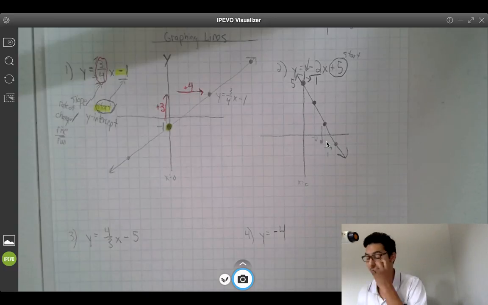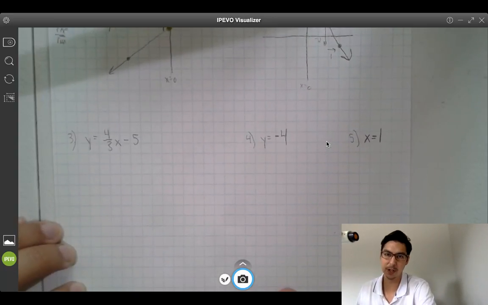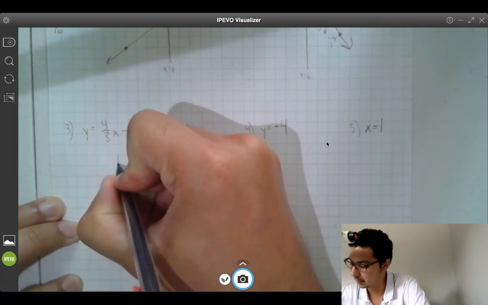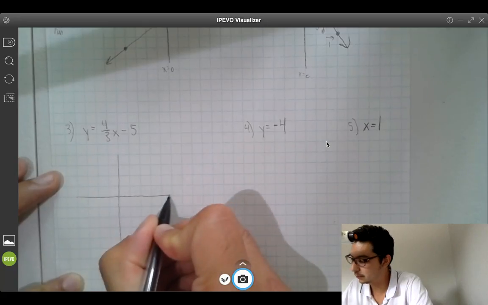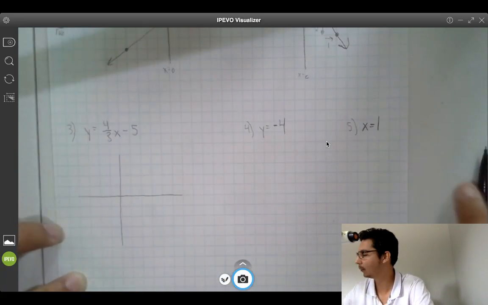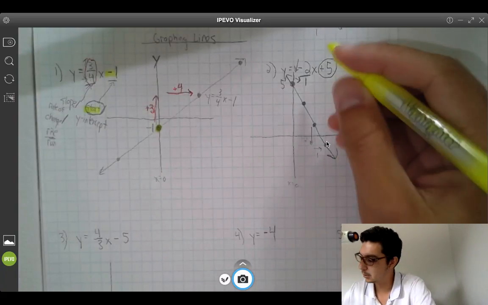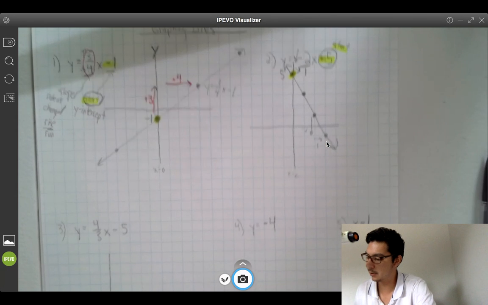Okay, the third one here. And again, feel free to pause if you need to see an answer. That's the benefit of this being a video versus live time. Make the graph. So this one starts at -5. Let me keep using a highlighter so you guys can see this. So back in this column, your starting value is your first point right there.